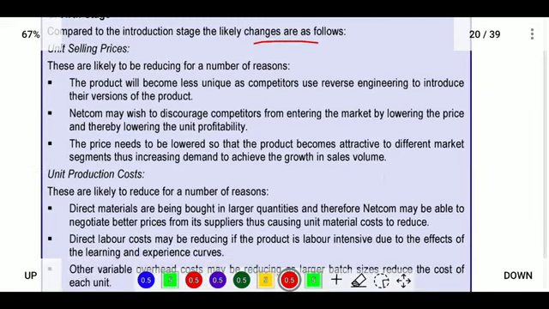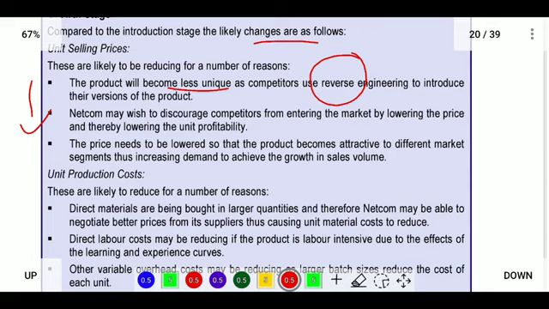For unit price, what will happen in unit price? It will be reduced. Selling price will be reduced. That is, the product will become less unique as competitors use reverse engineering. So they will buy our product and modify some items, and for some items they will use other versions of the product and produce it in the market.